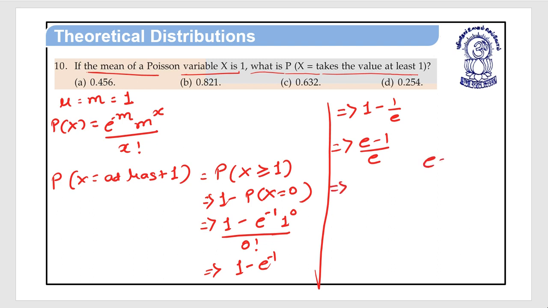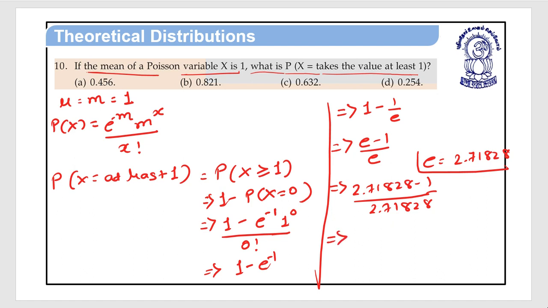Put the value of e as 2.71828, minus 1, upon 2.71828. After solving this, we will get 0.6321.